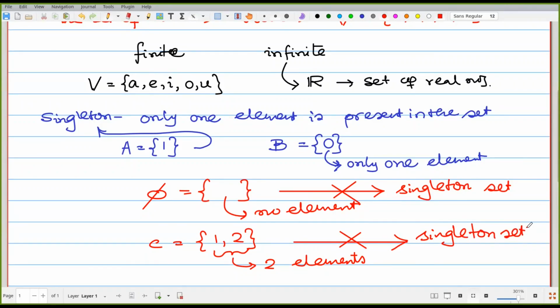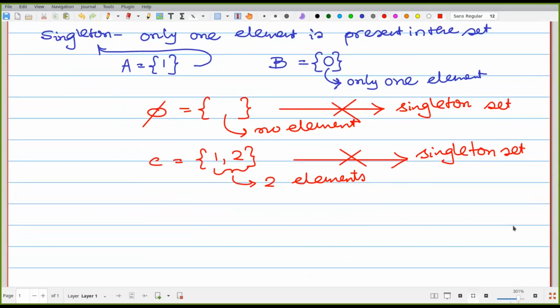Okay. Now another one, according to the equality, sets may be equal. Equal means both the sets contain the same elements.